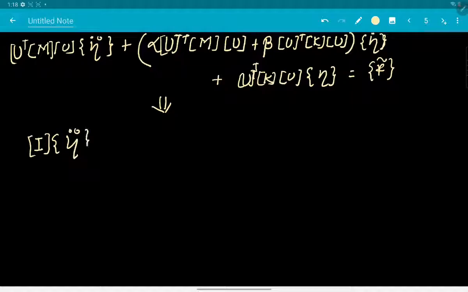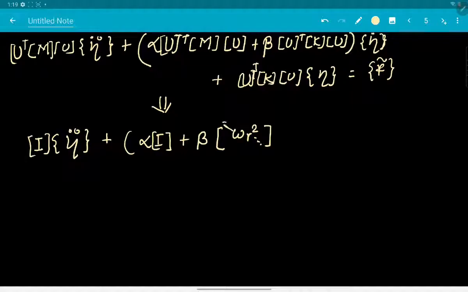eta double dot plus, this will be alpha times I plus beta times omega r square.